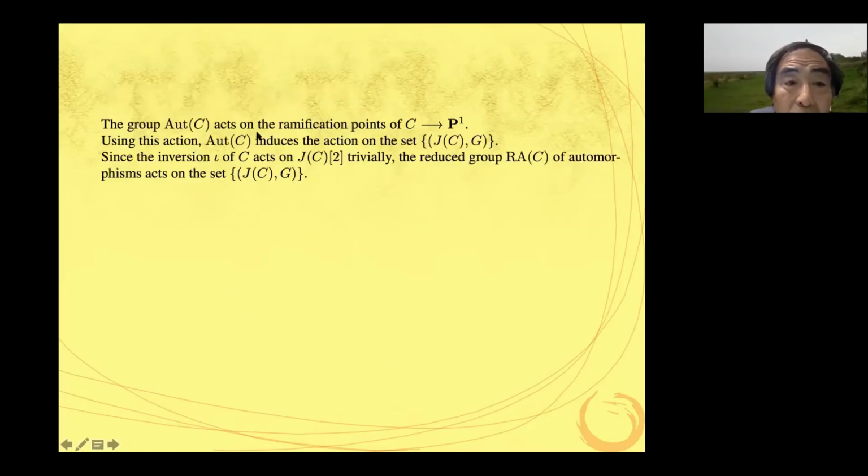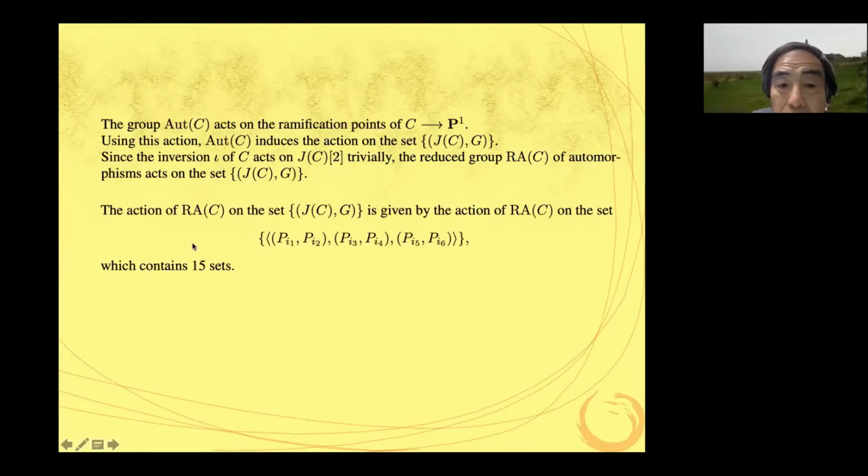And anyway, the automorphism group acts on the ramification points of this. And also iota acts on the 2-torsion points trivially. Iota is inversion, it acts on the 2-torsion points of the Jacobian trivially. So the reduced automorphism group acts on this set.